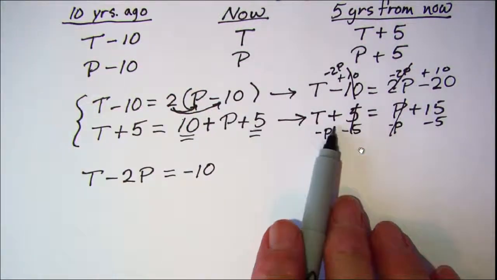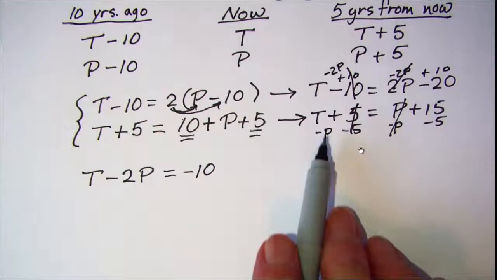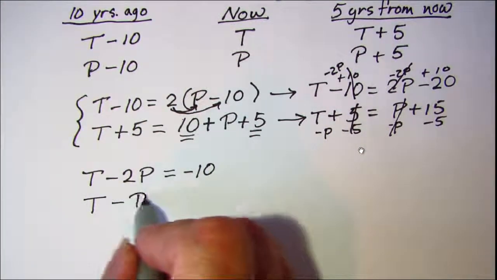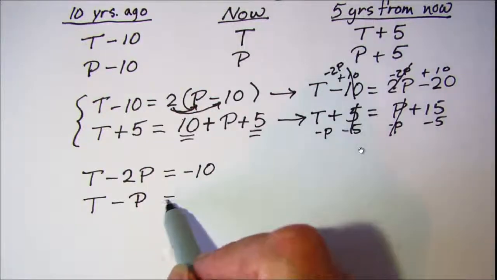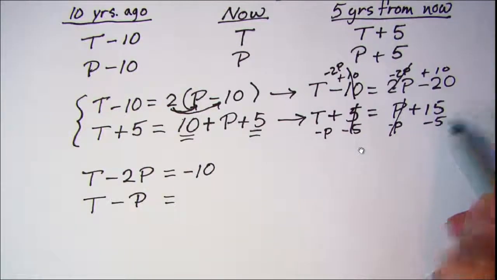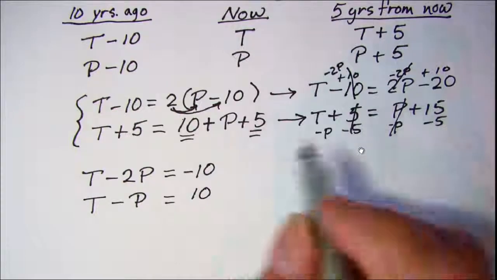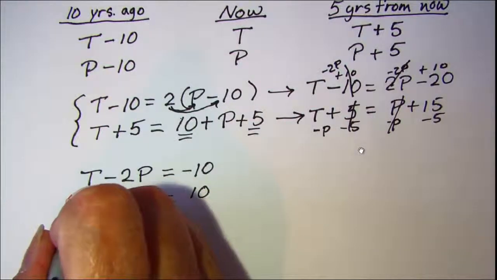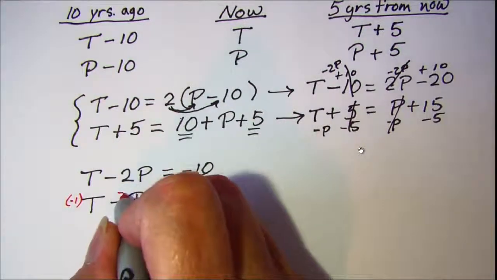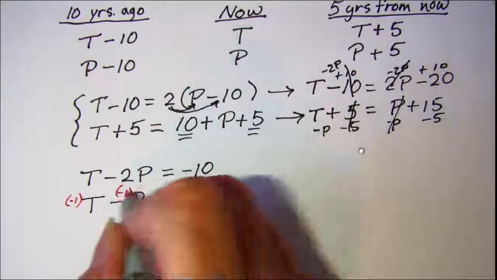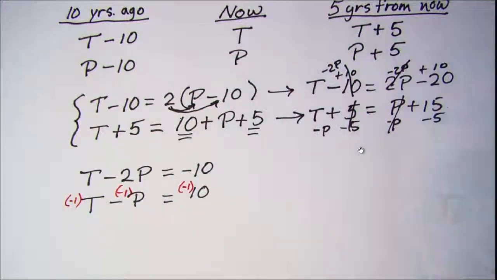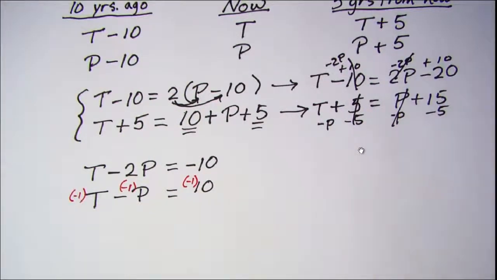So now rewriting this equation, I have T minus P equals, and then 15 minus 5 is 10. All right, I'm going to multiply through by a -1 on both sides so that I can cancel my t's by elimination. And you may choose to use substitution, whatever you prefer.